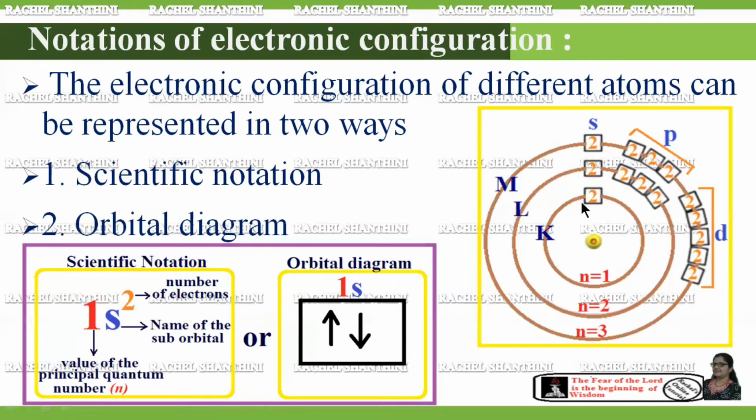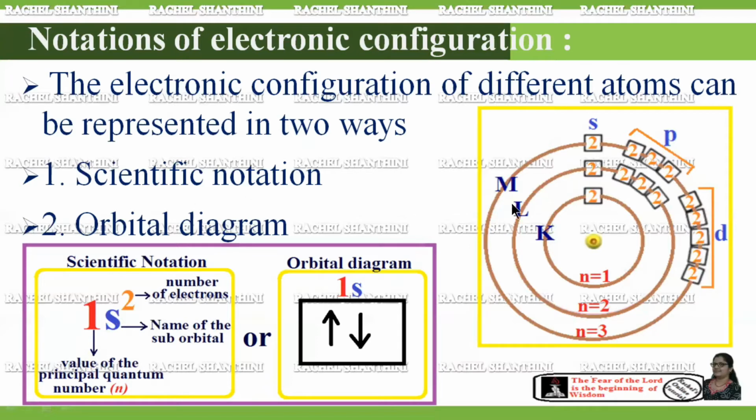Then how many electrons are present in s suborbital? 2. So we have to write 2 in the superscript of s. And this s orbital is present in the K shell, right? So what is the principal quantum number for K shell? n equal to 1. So we have to write 1 in front of the name of the suborbital.